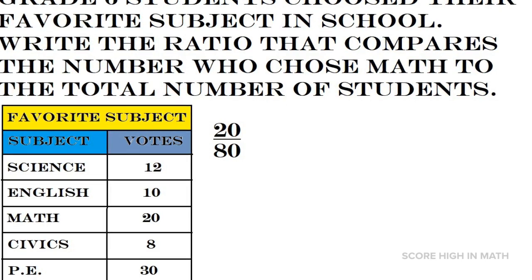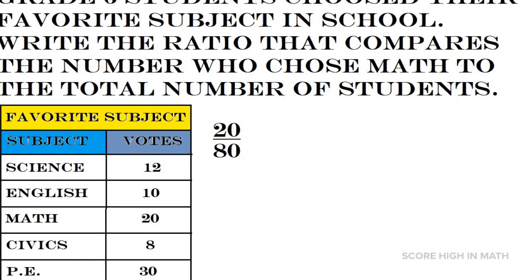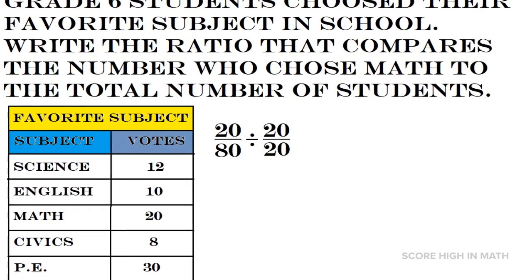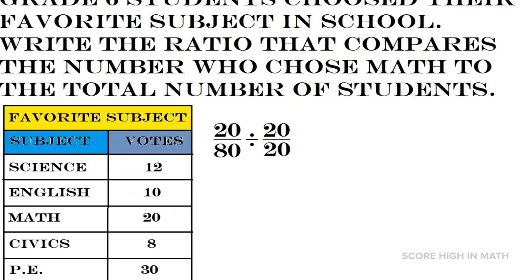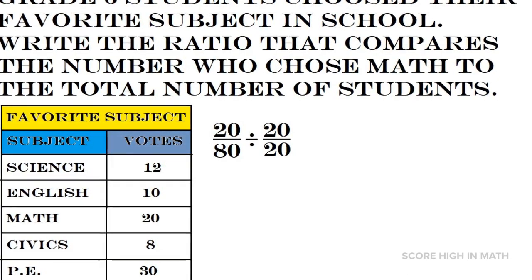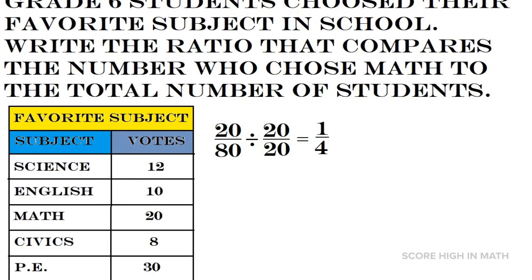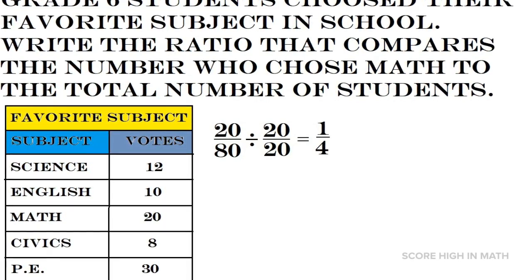So the ratio is 20/80. 20/80 is not yet in simplest form. We are going to look for the common factor of 20 and 80. The common factor is 20. So, we are going to divide 20/80 by 20/20. There is 1 20 in 20 and there are 4 20's in 80.